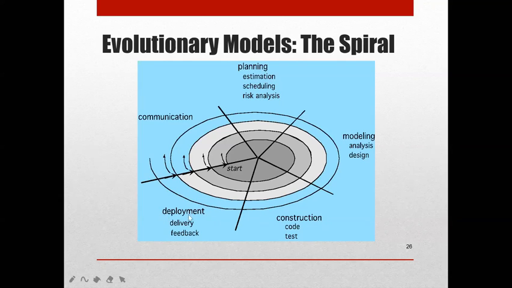What is the next one here? Deployment. In this deployment, or you can say this is a customer evaluation, feedback is there, right? You can give the heading as deployment or customer evaluation.